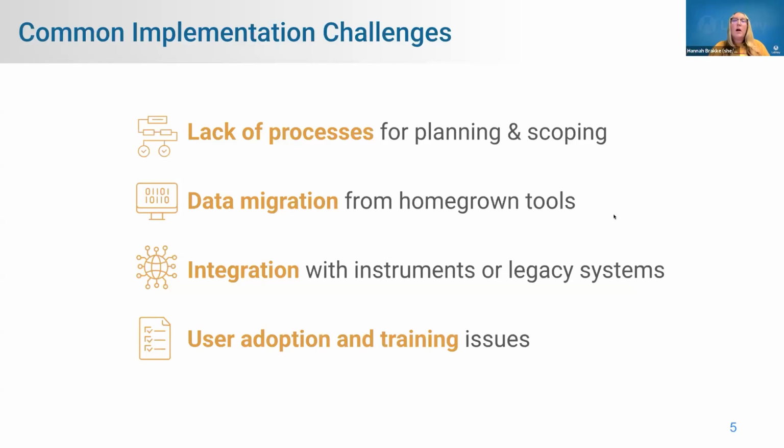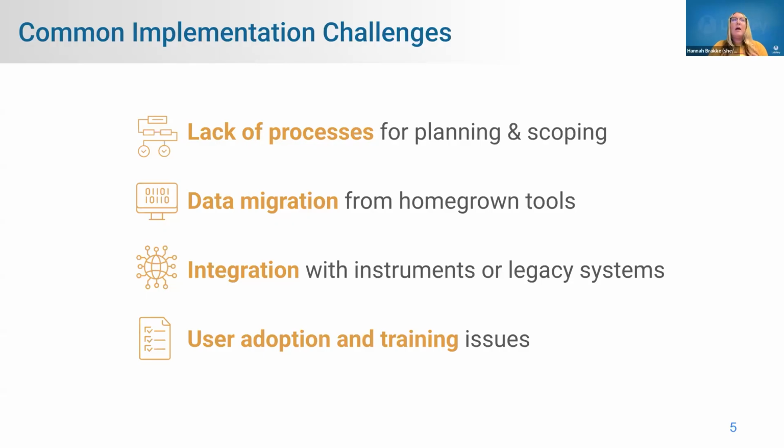So there are 4 common implementation challenges that we have identified and experienced at LabKey, that we wanted to share. So one of those is sort of that lack of process for planning and scoping. And this can really mean a variety of different things if there's not sort of dedicated staff members, or a clear vision of what your LIMS is meant to accomplish.